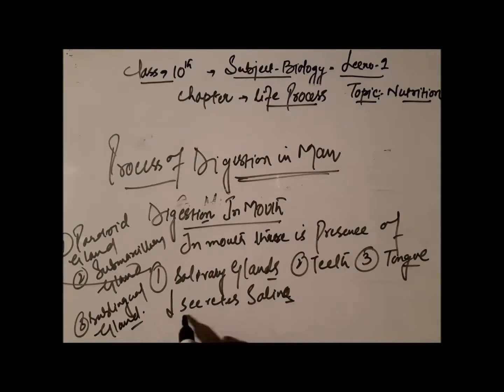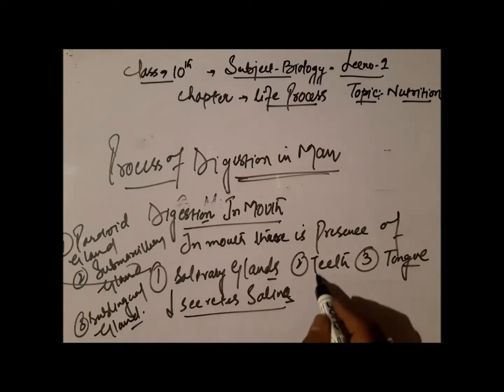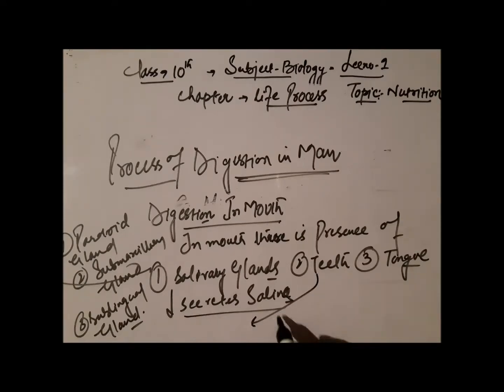All the glands secrete saliva. As far as the teeth are concerned, teeth help in crushing the food, or we can say we chew the food with the help of teeth. It helps in the chewing process, or we can say the mechanical process. And as far as the tongue is concerned, it helps in taste, because the tongue has taste buds.